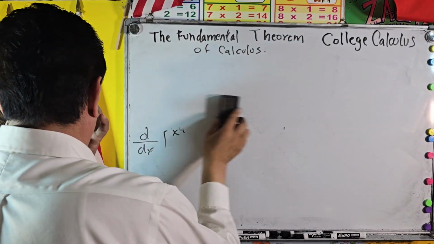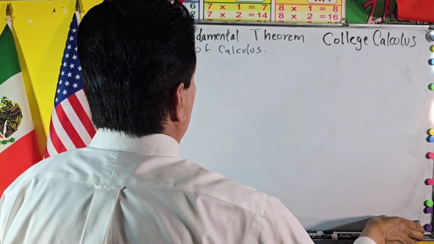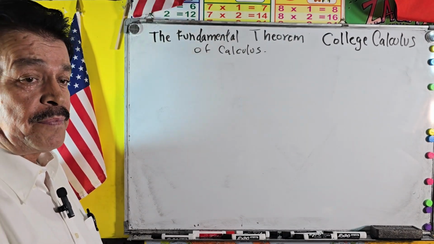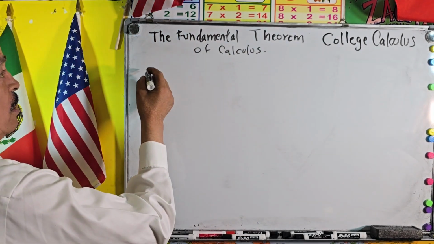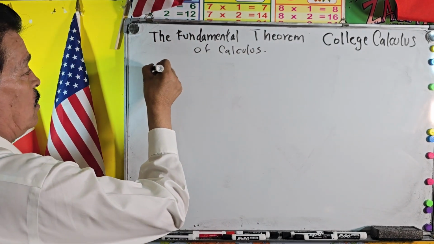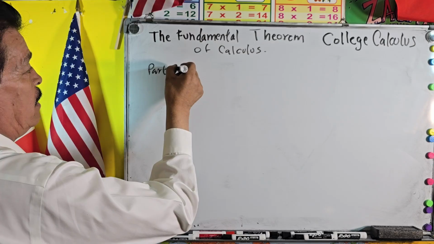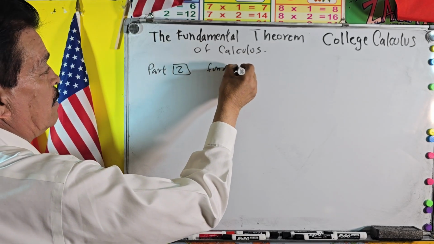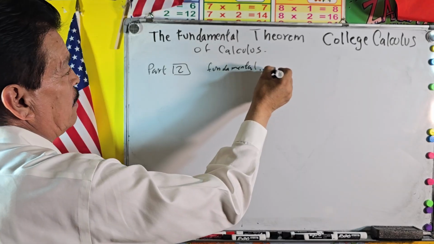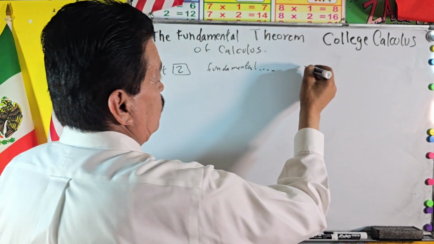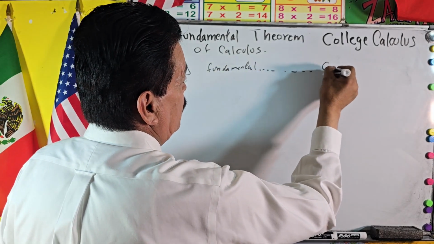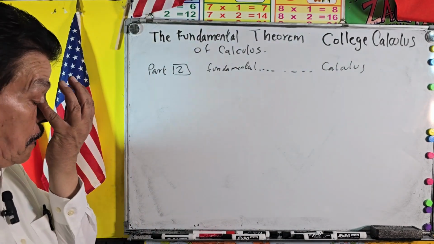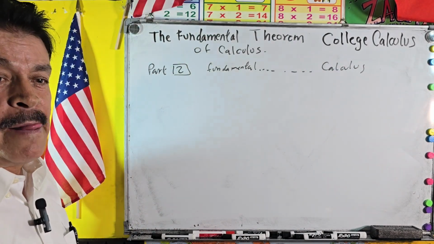This is the first part of the fundamental theorem of the calculus. So now the part two of our fundamental theorem of calculus. The part two is a little bit different.